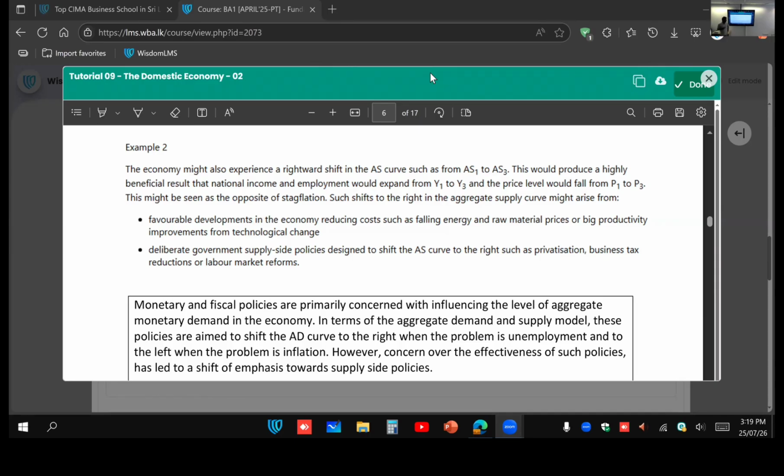By doing this, what happens? Theoretically, what happens to the aggregate supply then, when you are privatizing state-owned enterprises? Imagine the entire train system in the country sold to somebody else in India or wherever.